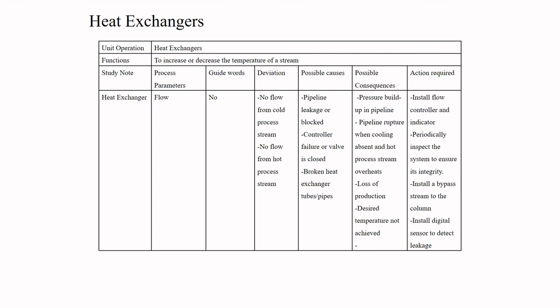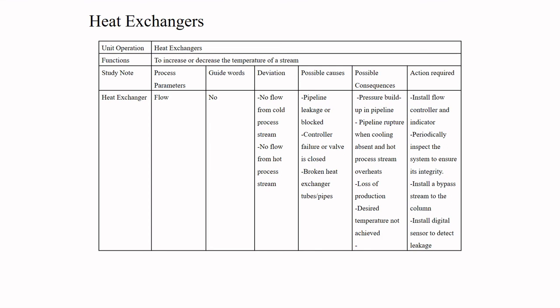The study note for the heat exchanger is also the same. The process parameter for the heat exchanger, for example, is flow. The deviation is no flow from the cold process stream or no flow from the hot process stream.